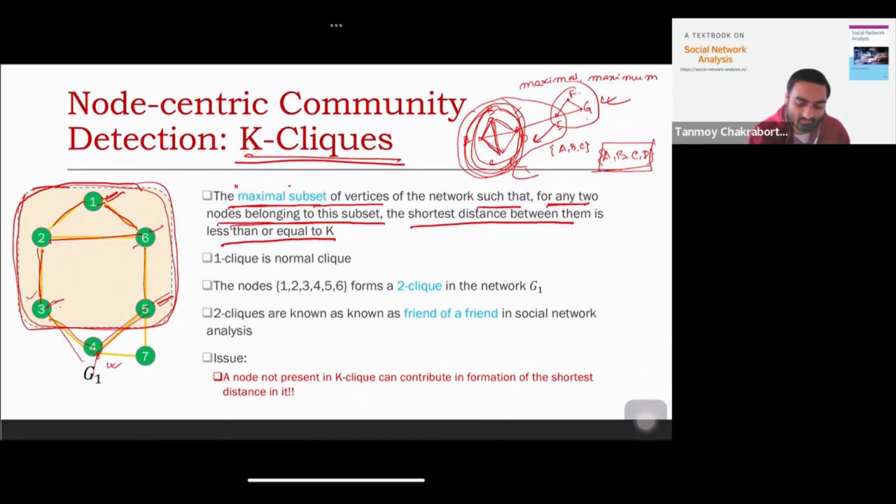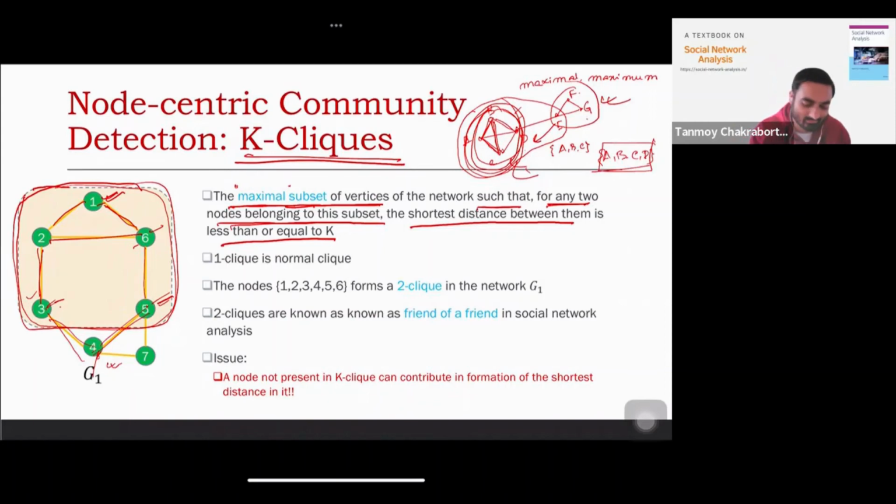because there was no restriction in the definition that while computing the shortest path, all the nodes should also be a part of the subset. There was no such restriction. It basically said that you should have a maximal subset of vertices in which, if you take any pair of nodes, the distance should be less than or equal to K. Now, while calculating the distance, whether I should only consider those nodes which are part of the subset or not, that was not mentioned.